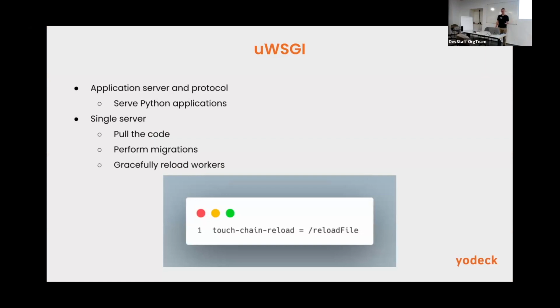We are using uWSGI, that is an application server and a protocol that serves Python applications, but also it can work with Perl and I don't know any other language.